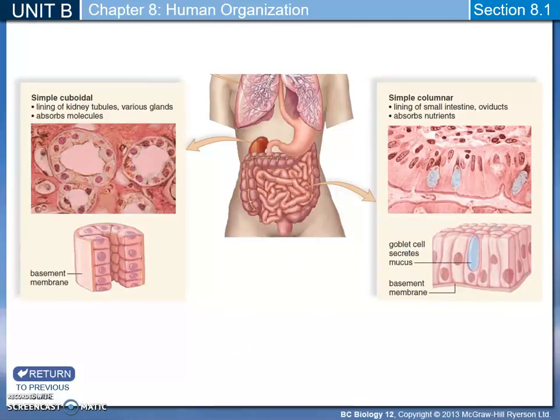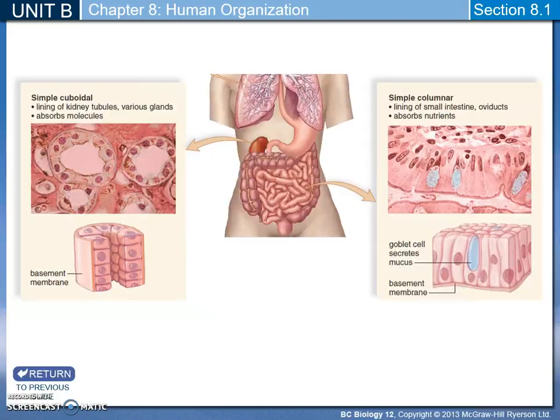And then here we have the different shapes. On the left is the simple cuboidal, and you would find these in the lining of the kidney tubules and various glands, and they absorb molecules.